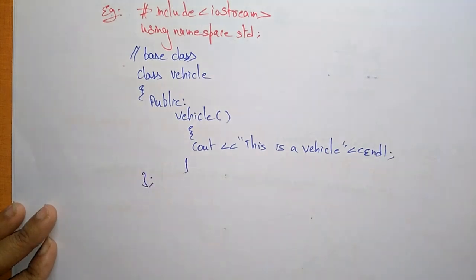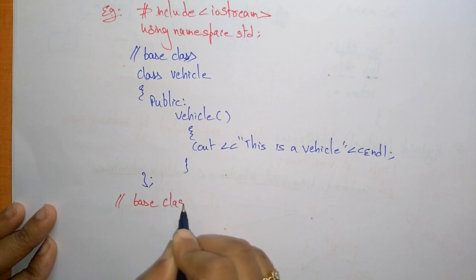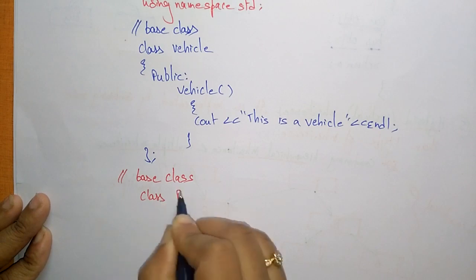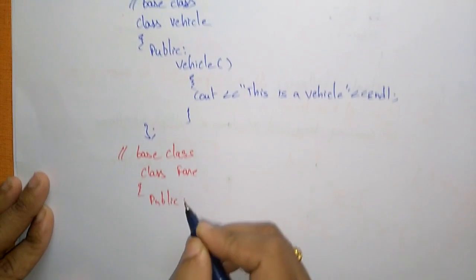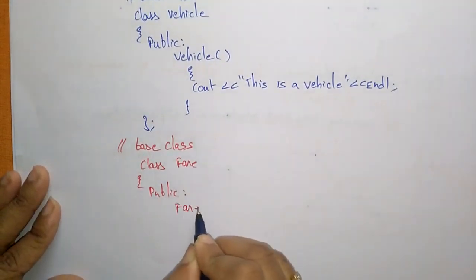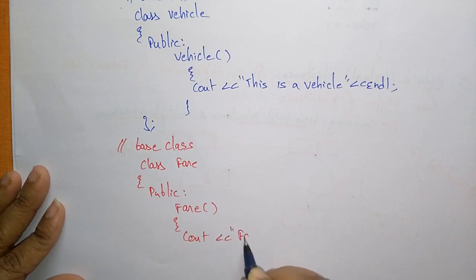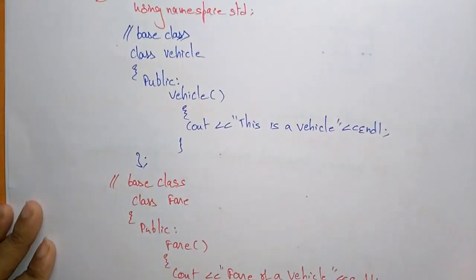Now coming to another base class, that is class Fare, that I declared as public. Here in the function fare, I am printing the message with cout: This is fare of a vehicle. Okay, so I created two base classes.